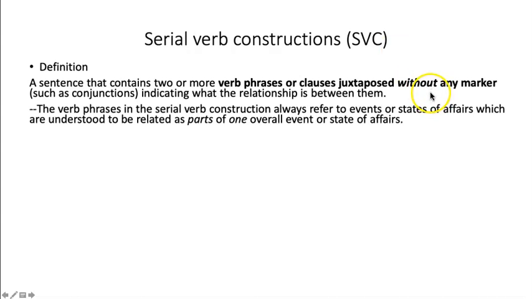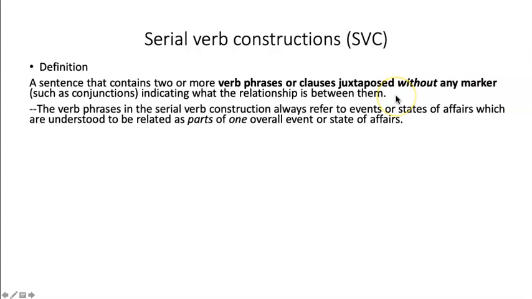So the key term here is juxtaposed without any marker. We explained just now what a verb phrase and what a clause is. So 2 verb phrases or 2 clauses juxtaposed, immediately put together, without any marker. For example, without any conjunctions.